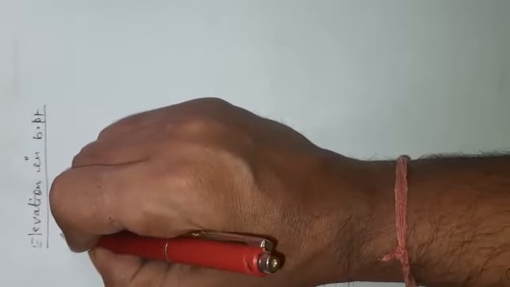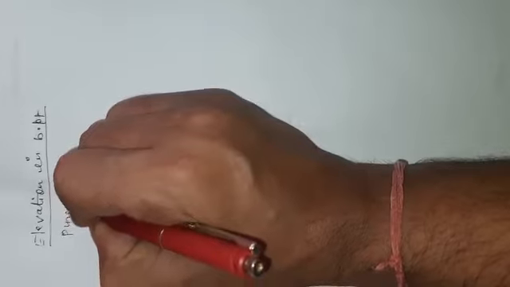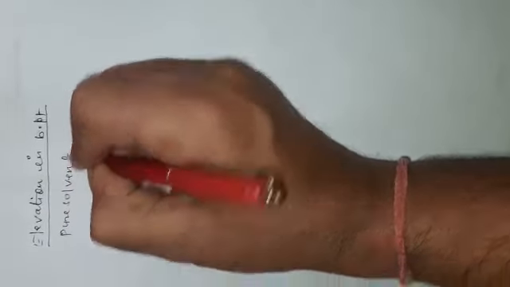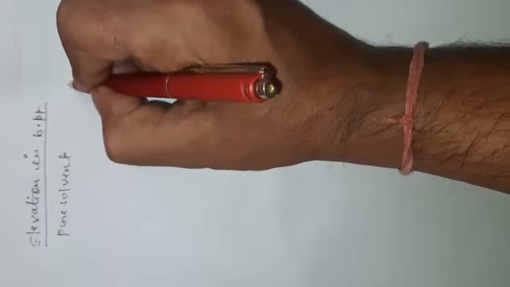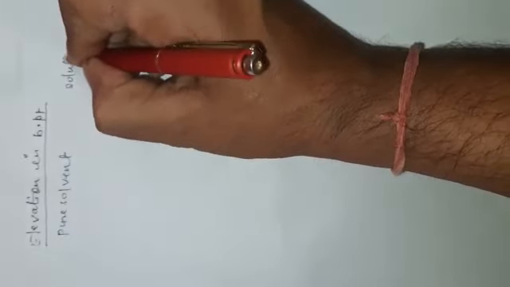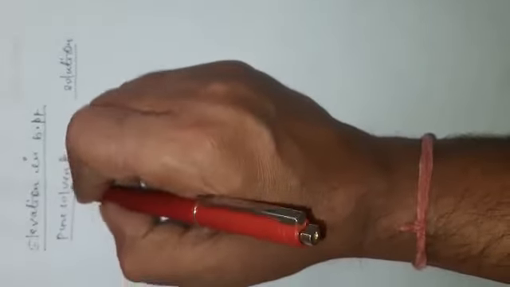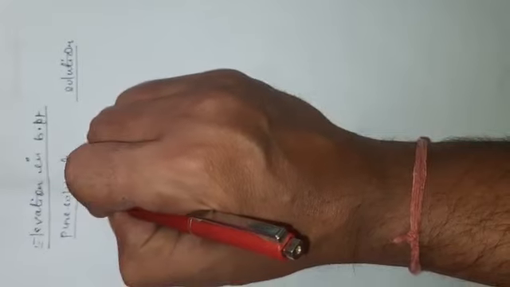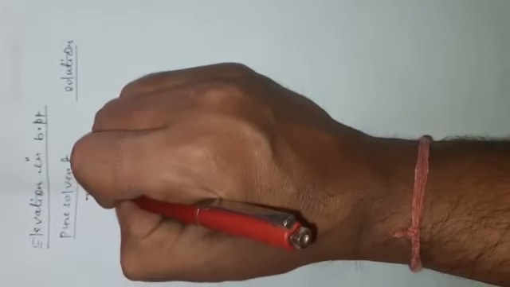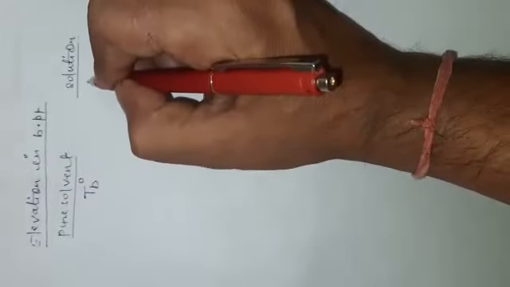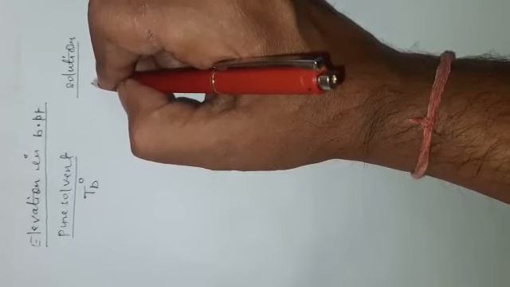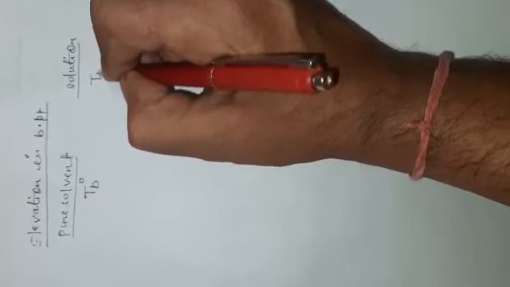We have pure solvent and solution, and boiling point of pure solvent is denoted by TB naught, and boiling point of solution is denoted by TB.